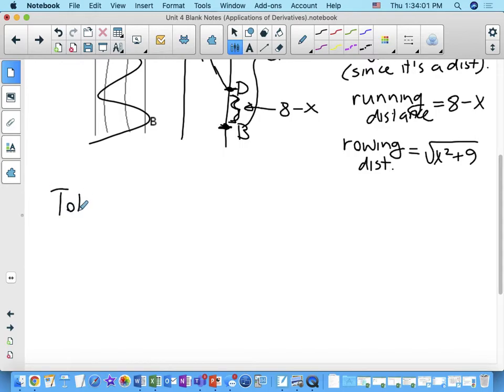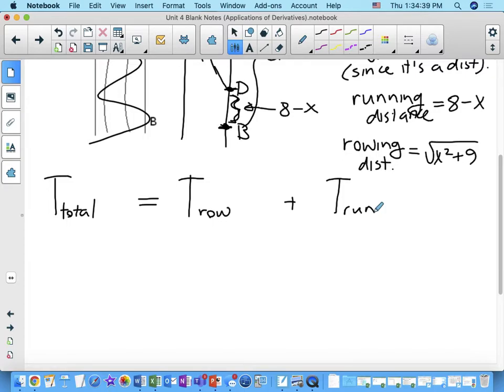The total time, actually maybe I'll do it this way. T total is going to equal the time rowing plus the time running. Okay, now the time rowing, time is always your distance over your speed.